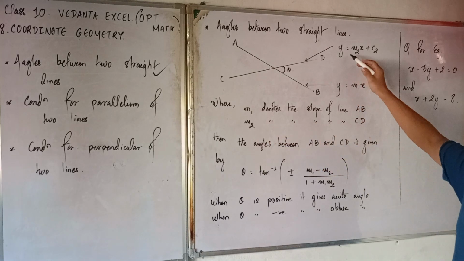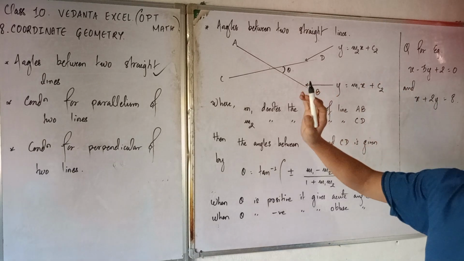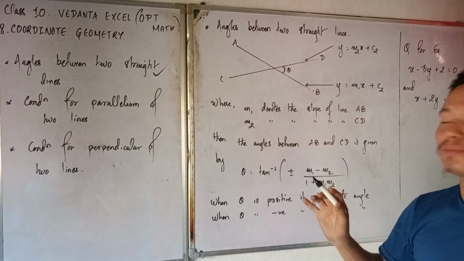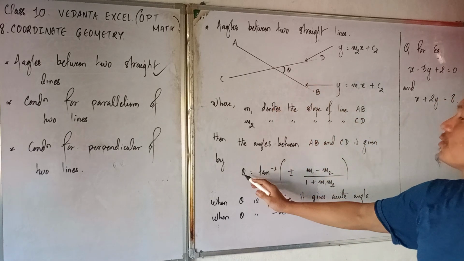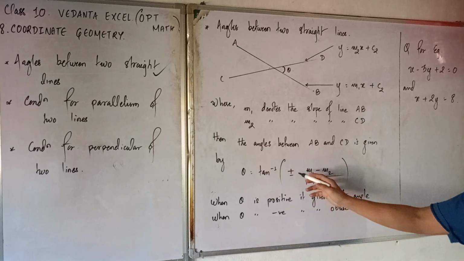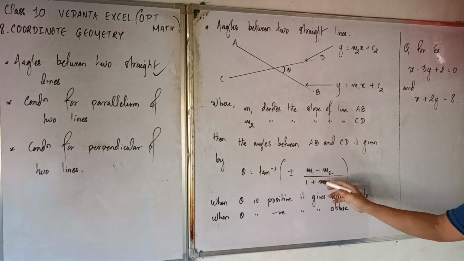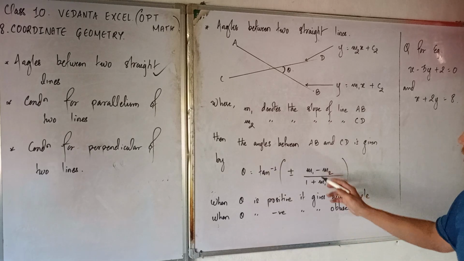So if you know the slopes of both lines, then you can find the angle between them by using the formula theta equals tan inverse of the absolute value of plus or minus (m1 minus m2) over (1 plus m1 m2).